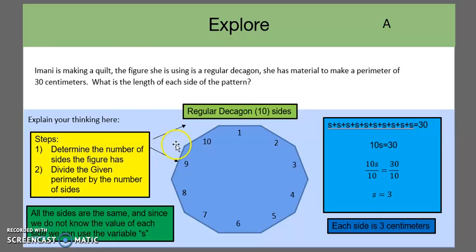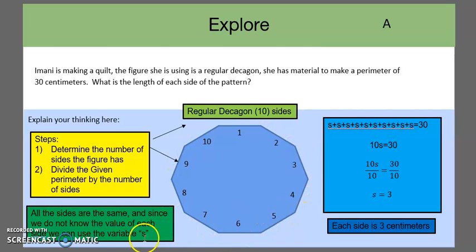Okay, when working through this problem, it might be helpful for students to count the sides of a decagon, and we'll notice that a decagon has 10 sides. Deca, like decimals, is a prefix that means 10. That is super helpful for students to understand.